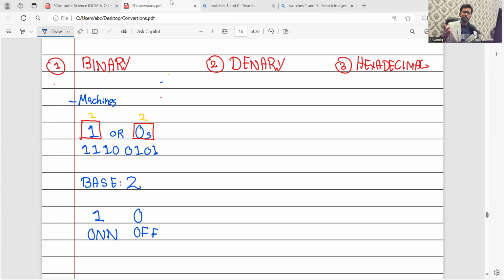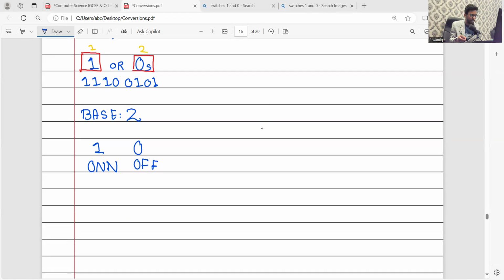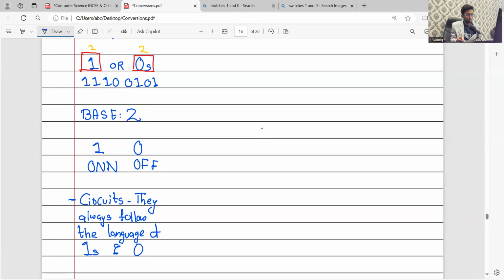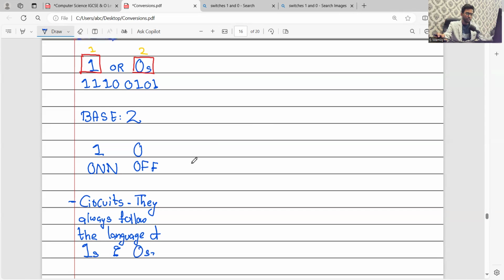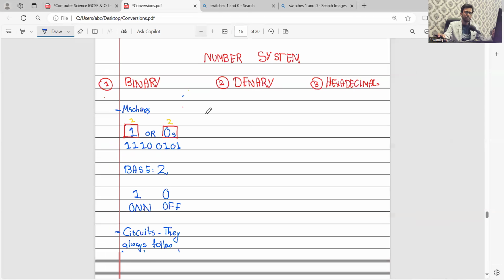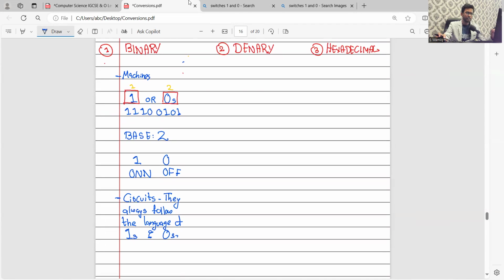If they make use of electricity, that means they are also an example of a circuit. One important point is that whenever you have circuits, they always follow the language of ones and zeros. So whenever you have a circuit, it is only using the binary language, the language of the machines, that is ones and zeros, and binary is base 2.